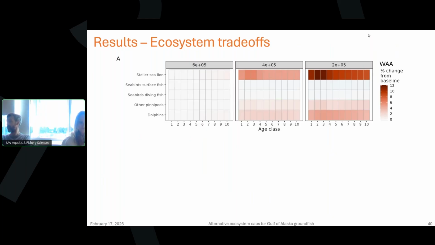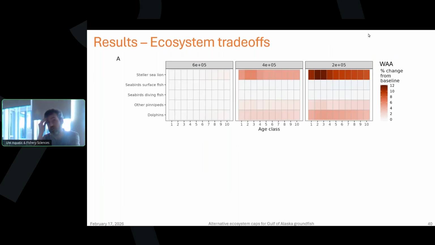What my model is saying here is that these top predators I picked, across most age classes, are basically bigger. Their weighted age is higher, and it's not a huge number. It's up to 10-12% for sea lions, I think, but that's fairly substantial.